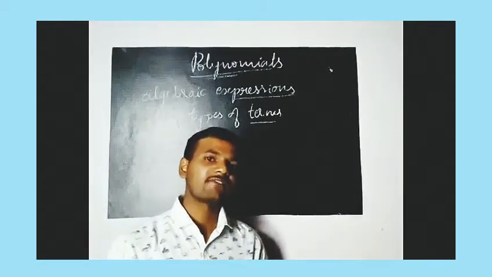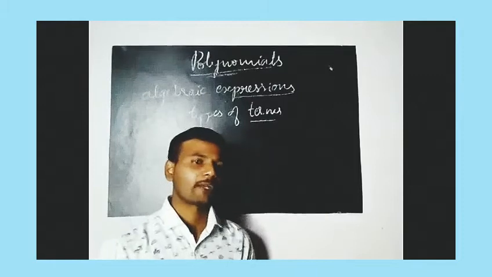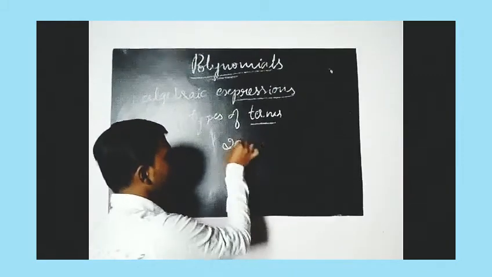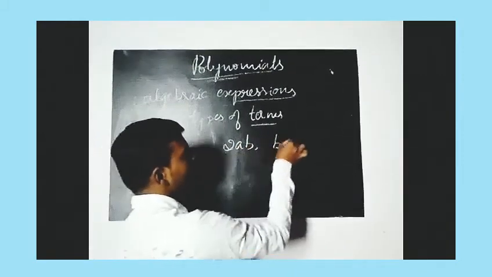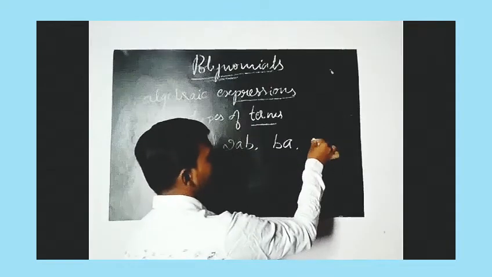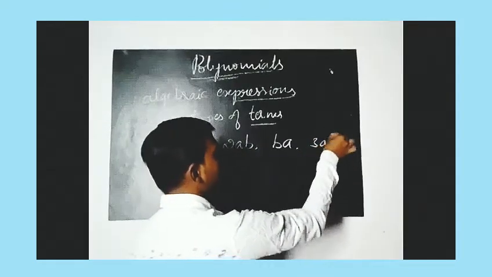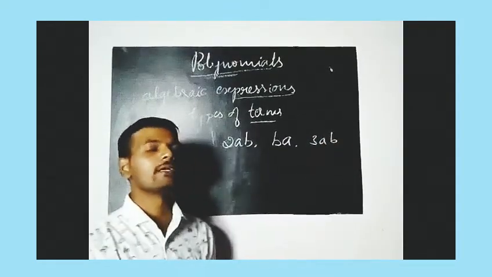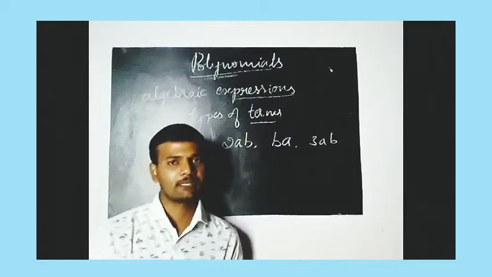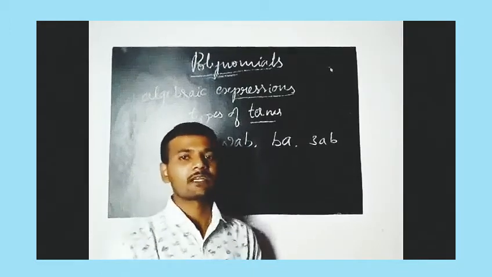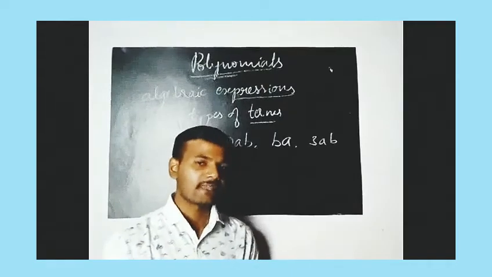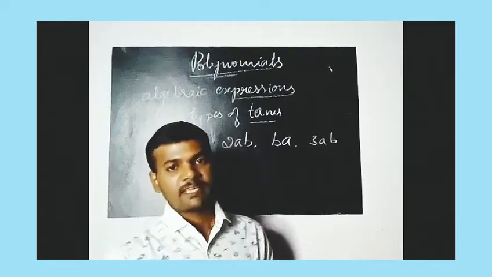Terms having the same variable with the same exponents, like 2ab, 3ab. These are like terms. We say that terms are like if they have the same variable and the same exponent.